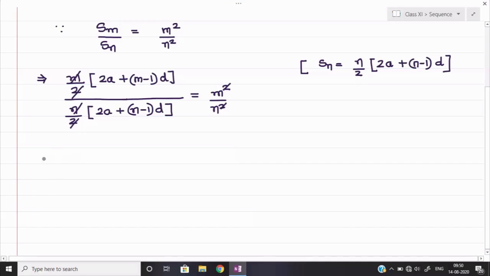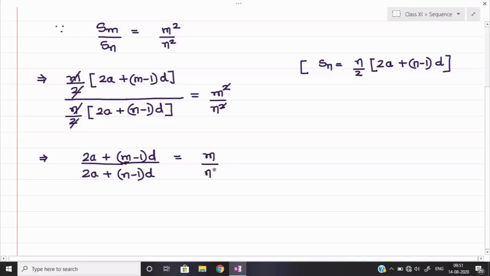We have remained 2a plus in the bracket m minus 1 into d whole divided by 2a plus bracket n minus 1 into d is equal to m upon n.